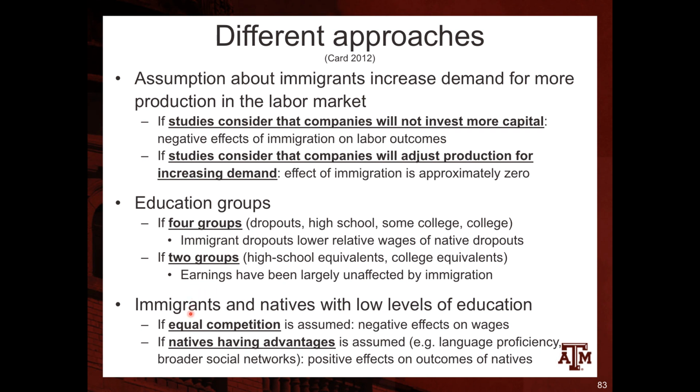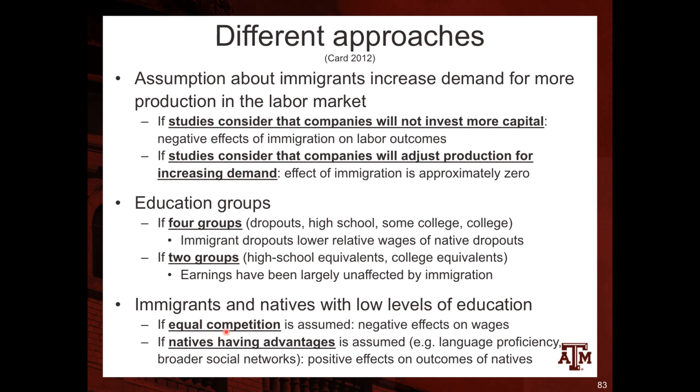Moreover, regarding immigrants and natives with low levels of education, we can also think about different ways that they compete in the labor market. Some studies might say they have equal competition, because both of them have lower levels of education.